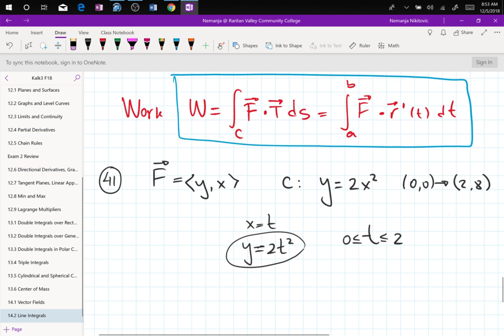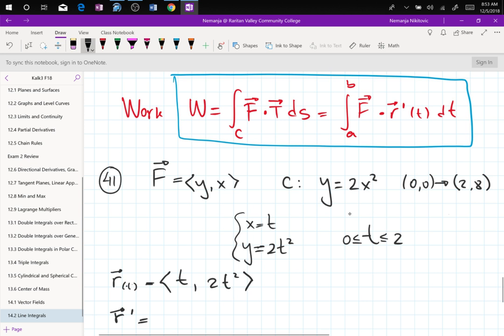Everything is good. So we have our parametric equation, r of t is the vector t, 2t squared, and then from there we need our r prime, which would be 1, 4t.